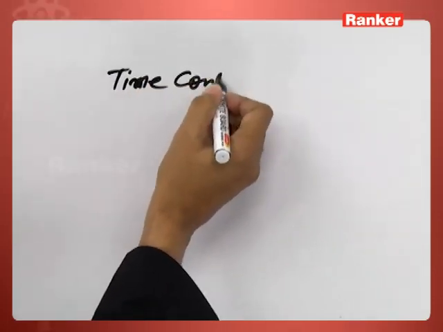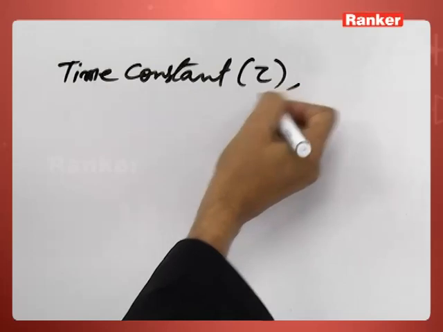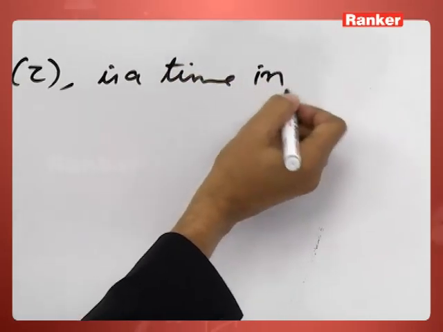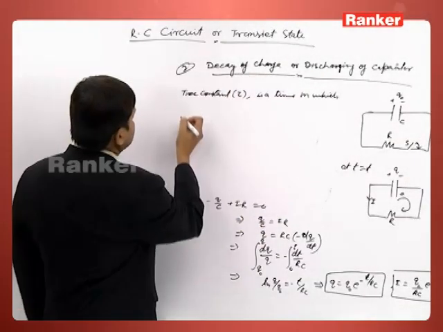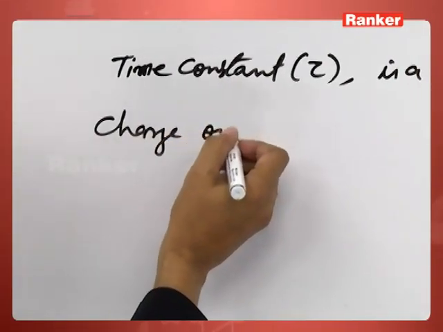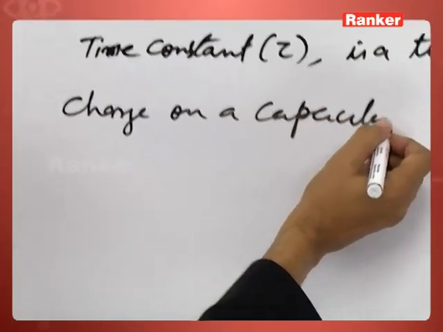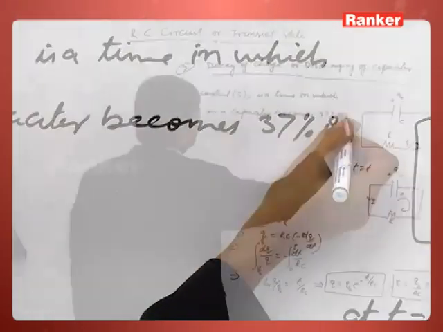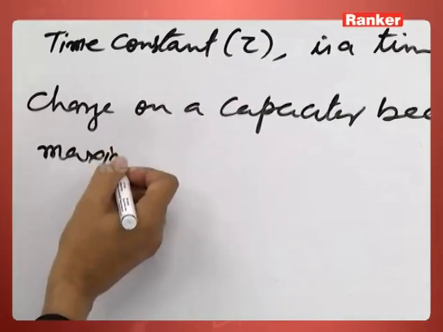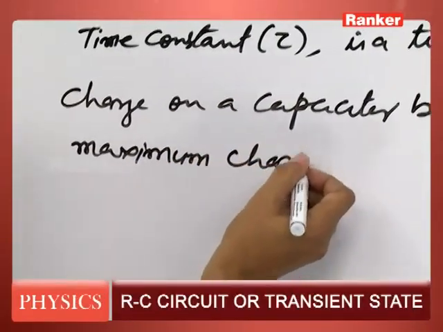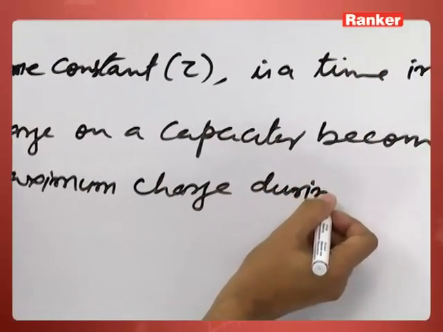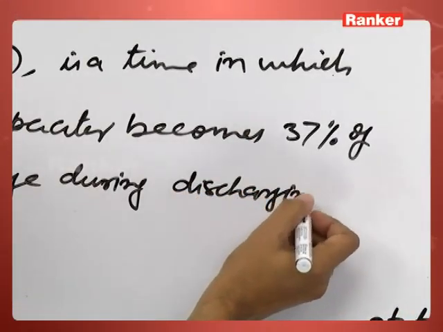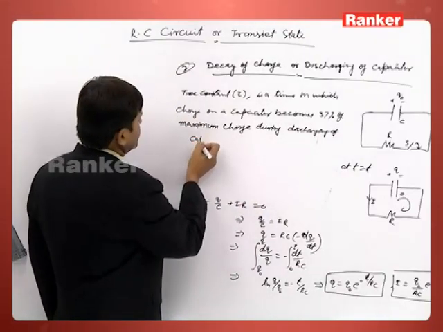So the time constant, once again we can define: time constant tau is the time in which the charge on a capacitor becomes 37% of the maximum charge during discharging of a capacitor.